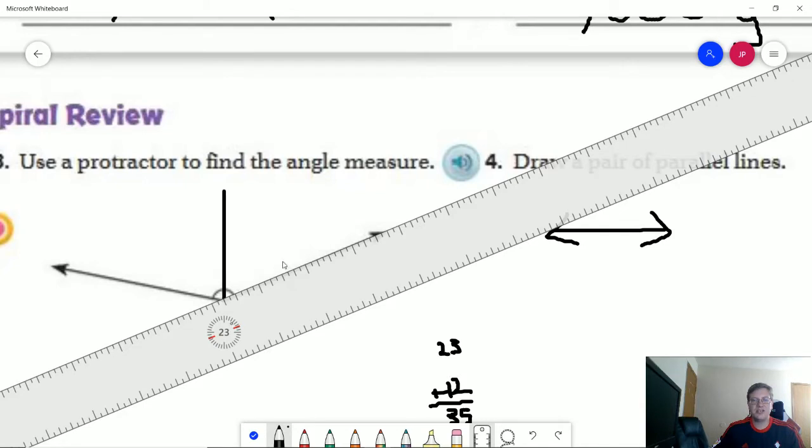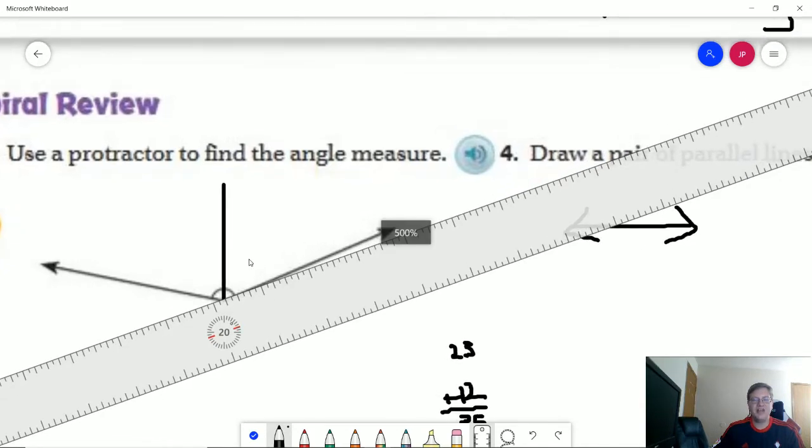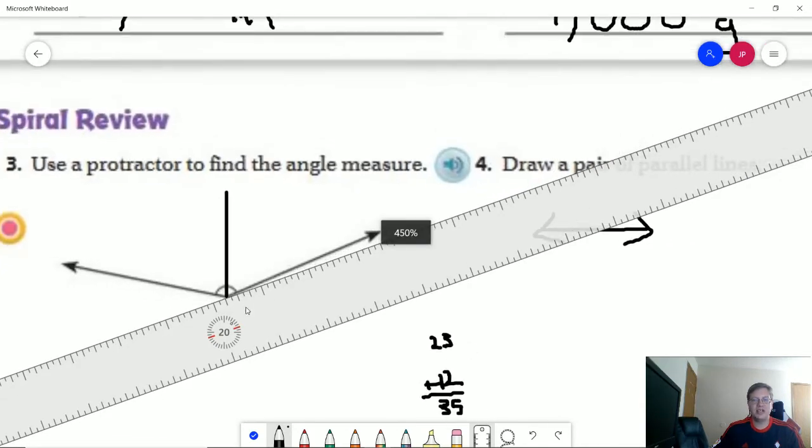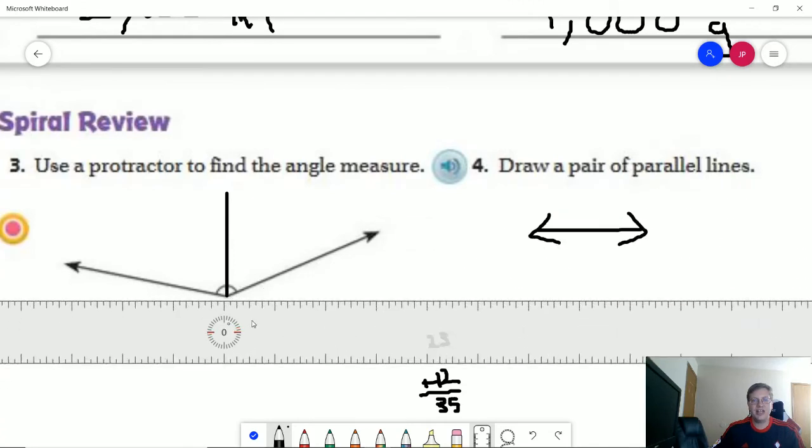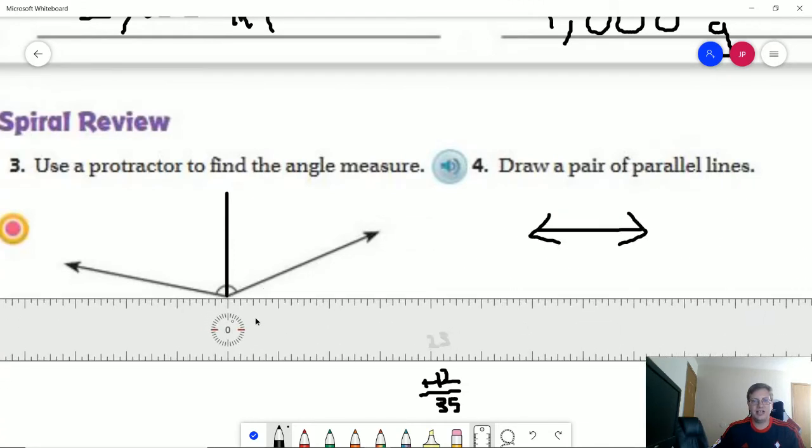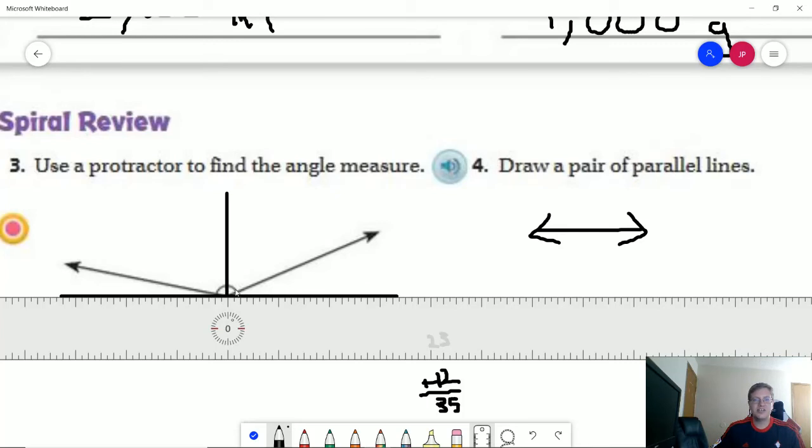So I got 23 on this side, and that would actually be the measurement that I would get if I had made a straight line here. So I'm using kind of a trick that I used if you saw the lesson from the last chapter. I'm using this angle here plus this angle here, and then subtracting from 180 to figure out what the actual measurement for this particular angle here is.